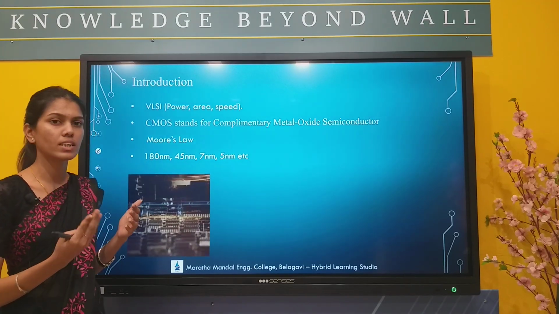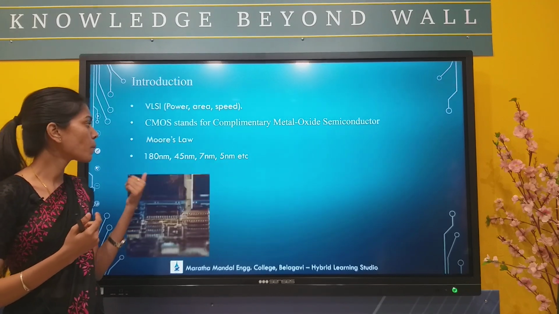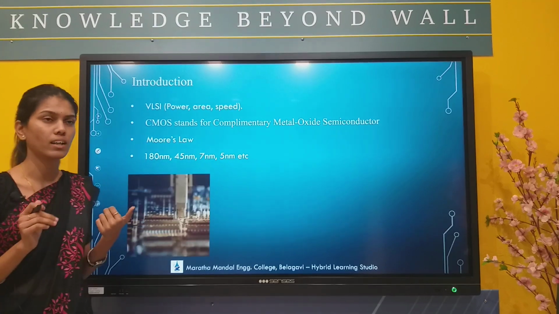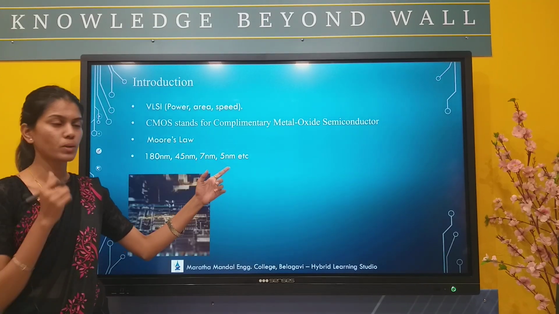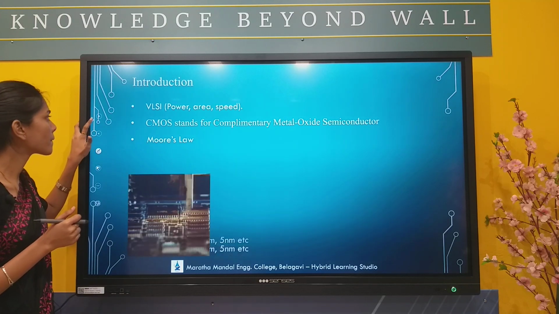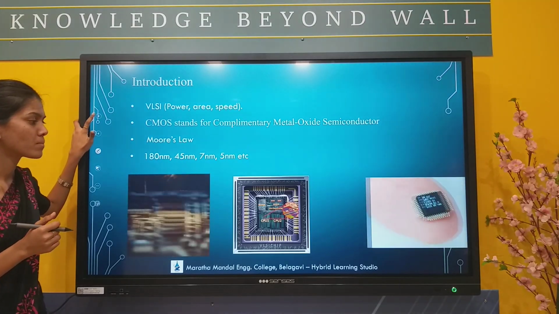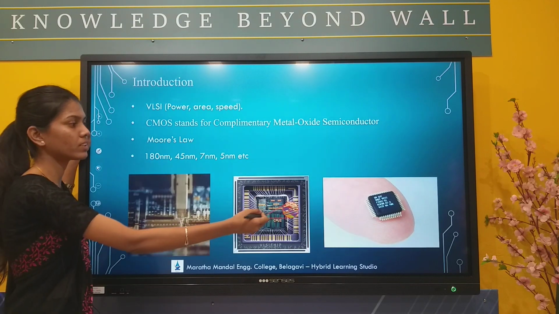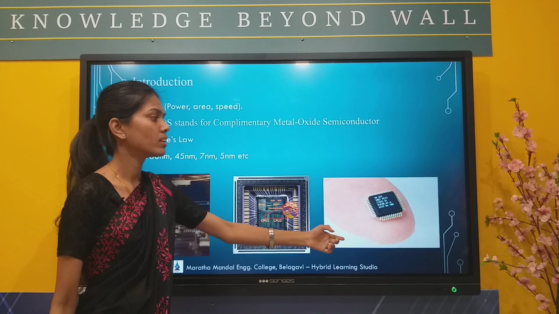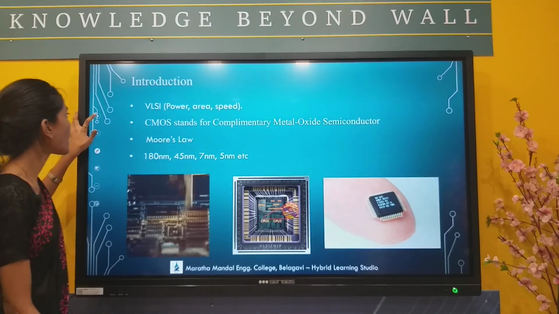So if I construct a CMOS inverter of 180 nanometer, it has a 180 nanometer channel length. Presently the industry is working with 5 nanometer technology. This is how the chip looks after constructing a processor.